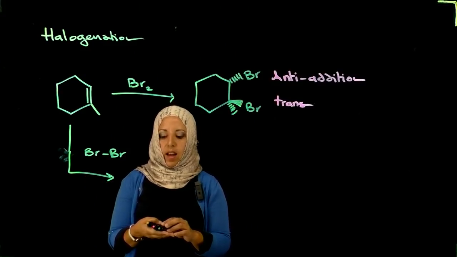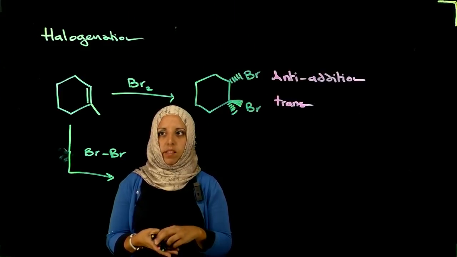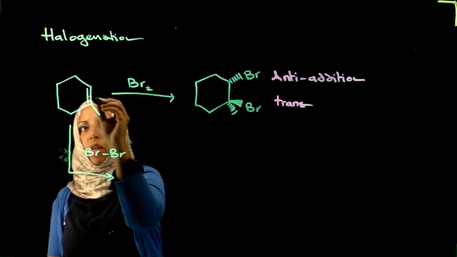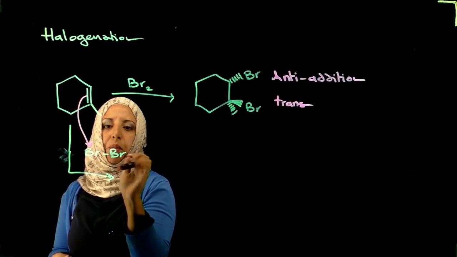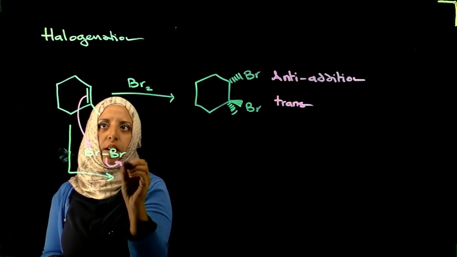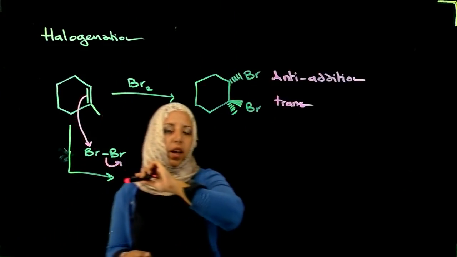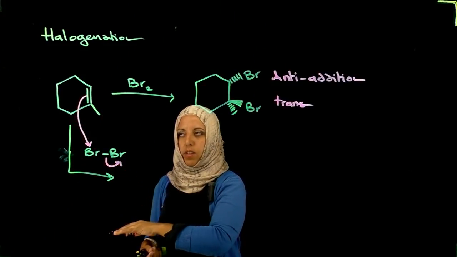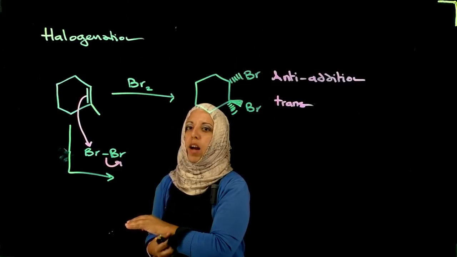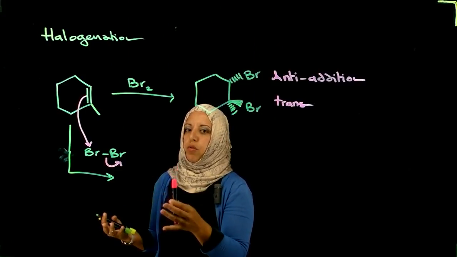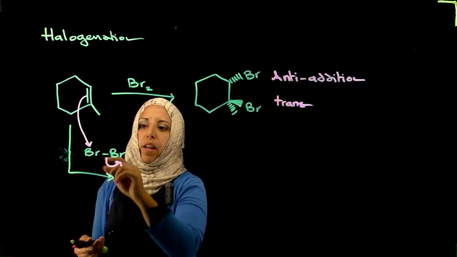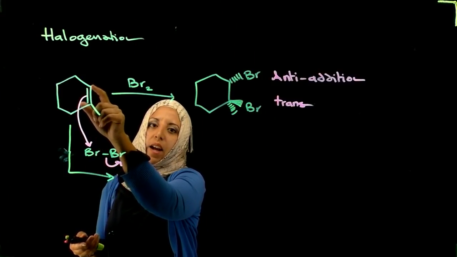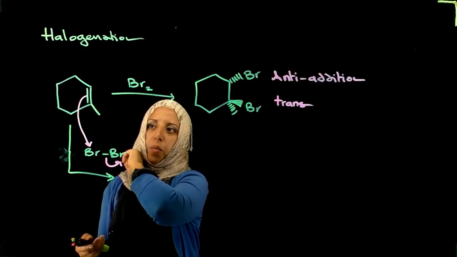So the pi bond will attack one of the two bromines. This bromine-bromine bond will be cleaved, but in lieu of forming a carbocation, similar to the example we just did with hydrohalogenation, the bromine has three lone pairs of electrons and can act as a nucleophile. It will instead right away attack that carbon that would end up being a carbocation.